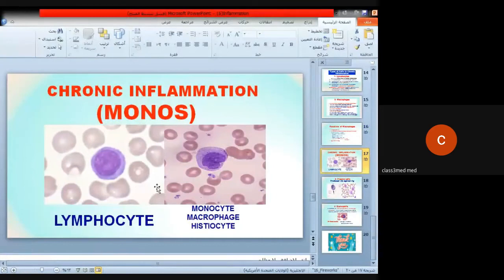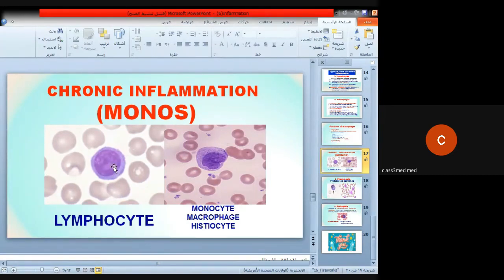This is the picture of a chronic inflammation. This is a lymphocyte; we said it is mononuclear, single nuclear. You see this lymphocyte and this macrophage. Lymphocyte has a round hyperchromatic nucleus with scant cytoplasm, little cytoplasm that cannot be seen in the tissue section.